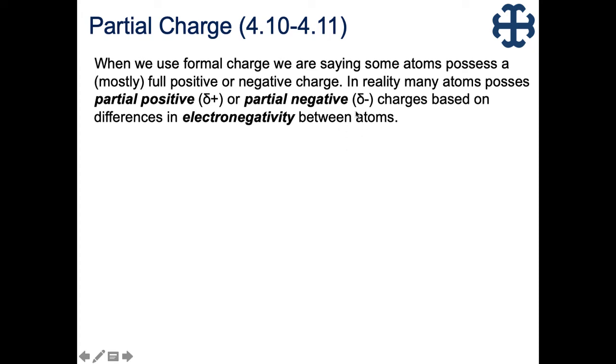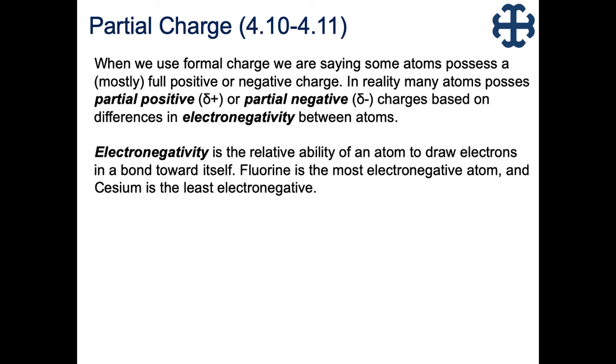And the reason we have partial differences is based on differences in a property called electronegativity between atoms. Electronegativity is the relative ability of an atom to draw electrons in a bond towards itself. Hopefully this makes some amount of sense.